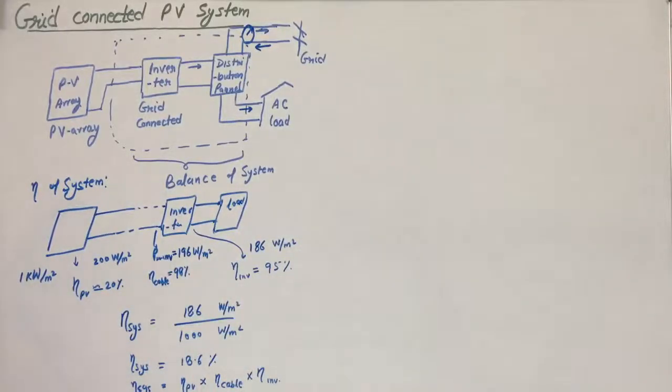So this is the total efficiency of the system that we can have in the case of a PV system. In the next turn we will take an example to design the PV system for a particular load.